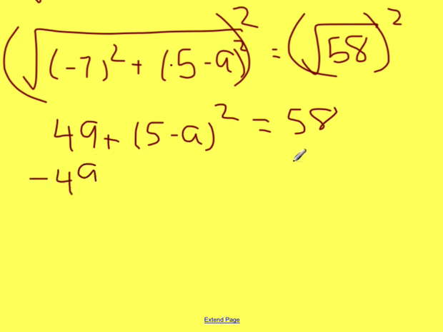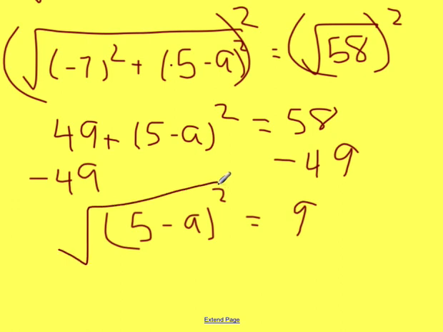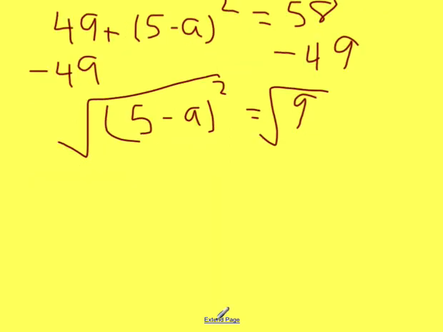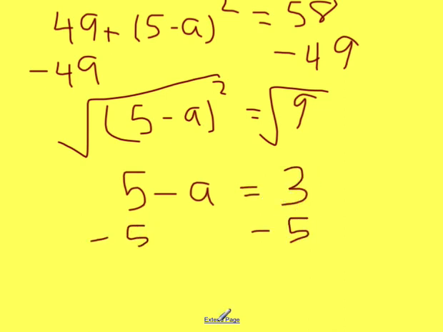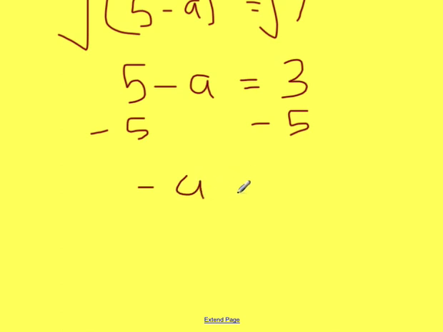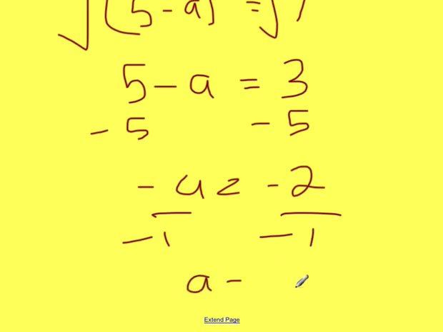Then I'm going to subtract 49 from both sides, and I get 5 minus a quantity squared is equal to 9. Now in order to access that a, I need to take the square root of both sides. So I get 5 minus a is equal to 3. Then I subtract 5 from both sides, and I get negative a is equal to negative 2. Divide both sides by negative 1, and I get that a is equal to 2.